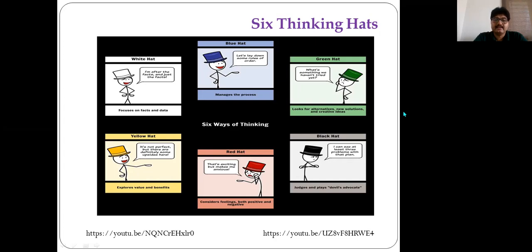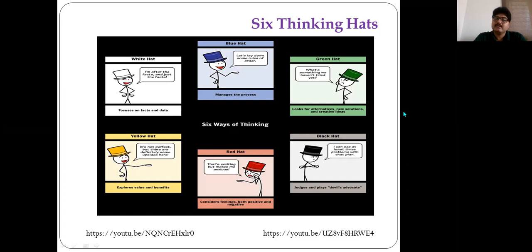Coming to the red hat, he considers people's feelings and is intuitive, looking at both positive and negative and seeing how the concept connects with the customers' emotions and empathy.